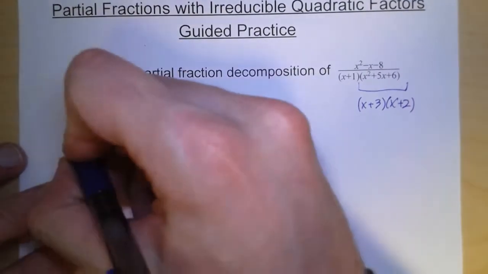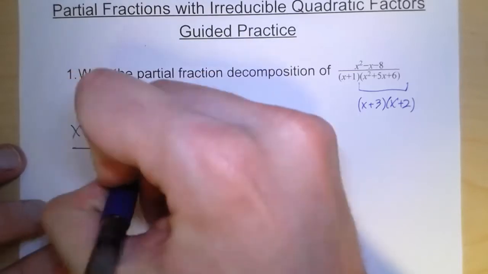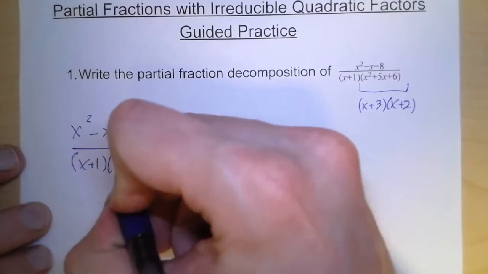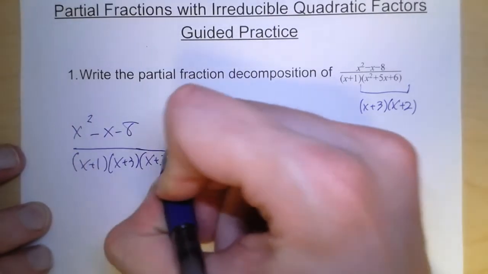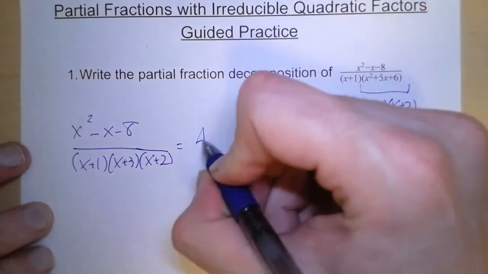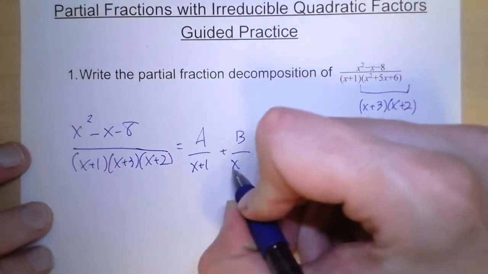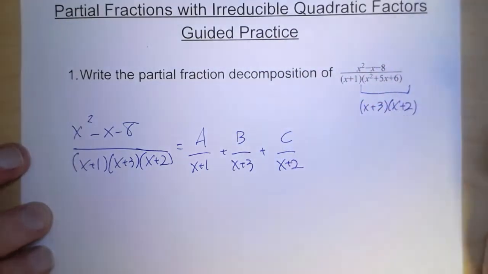So when we write out the decomposition, it's going to be x squared minus x minus 8 all over the quantity x plus 1 times x plus 3 times x plus 2. And so that's going to be a over x plus 1 plus b over x plus 3 plus c over x plus 2.